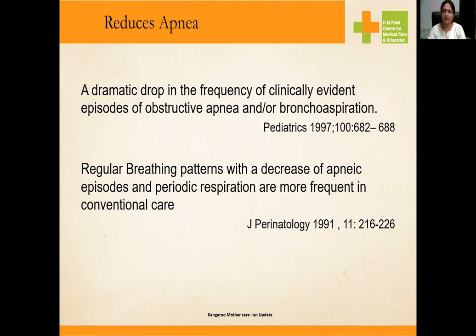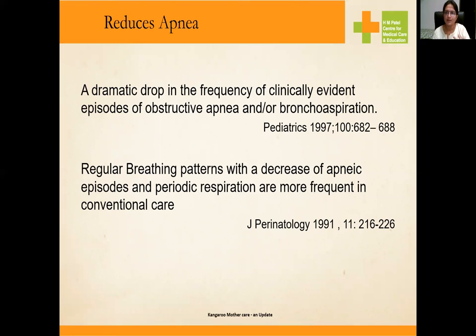Now, those babies who are given kangaroo mother care in the NICU or KMC setting usually have a dramatic drop in the frequency of clinically evident episodes of obstructive apnea and/or bronchoaspiration.